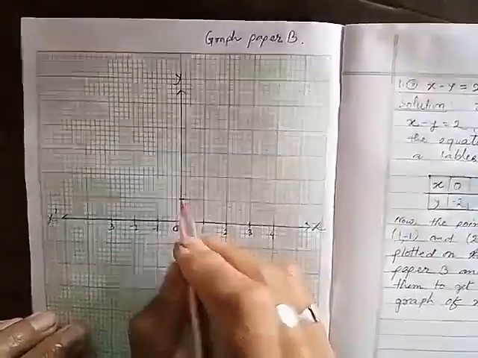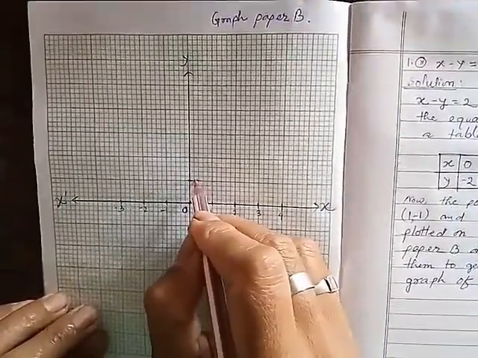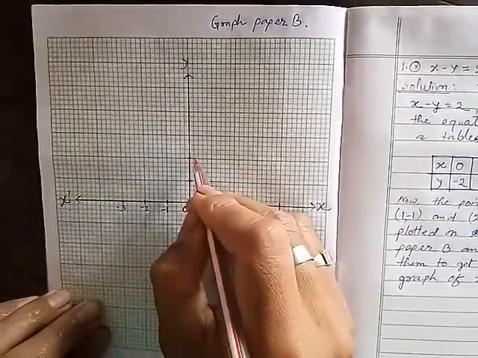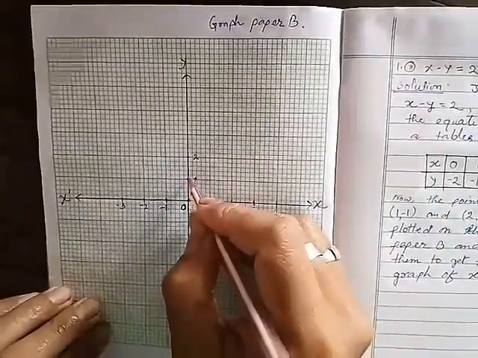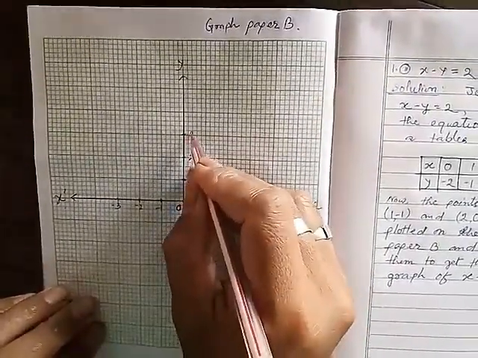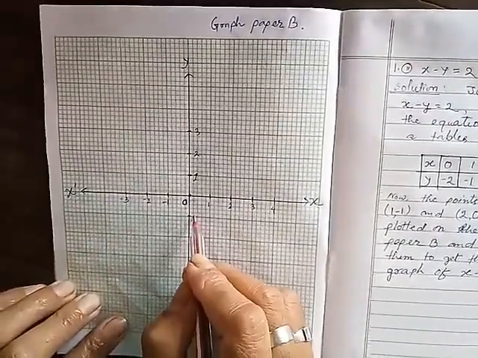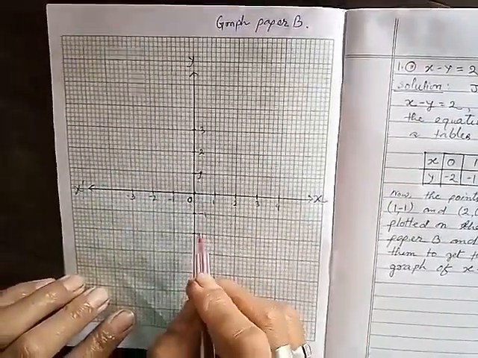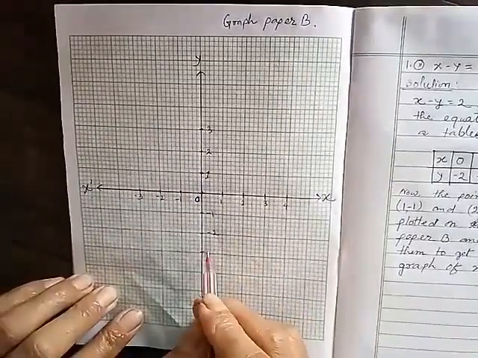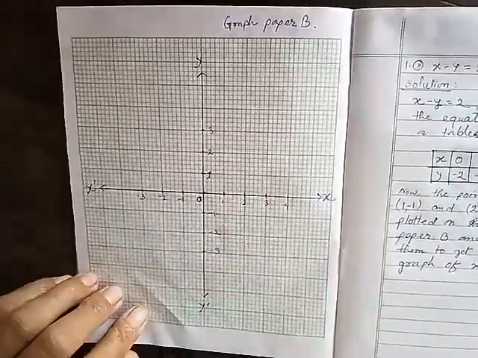And similarly on the y-axis you can give a different unit. This is 1, 2, you should keep the same distance, and here it will be 3, and so on. And similarly on the negative side, minus 1, minus 2, minus 3, and so on.